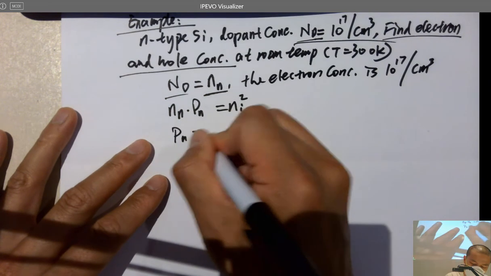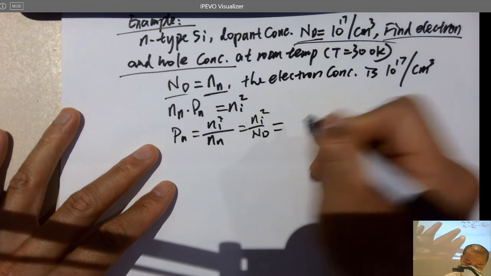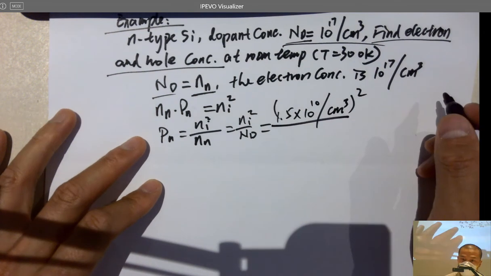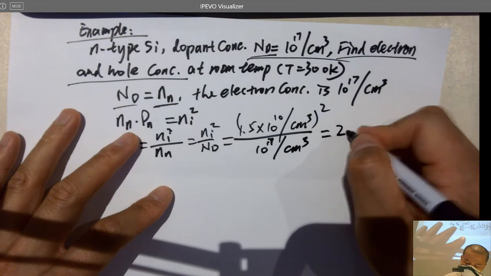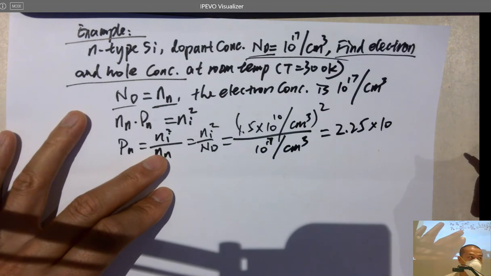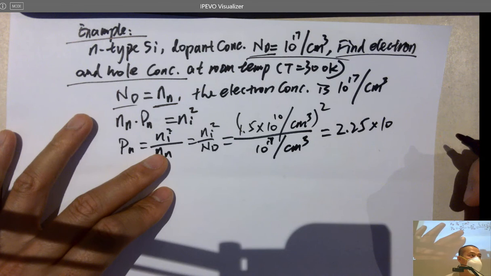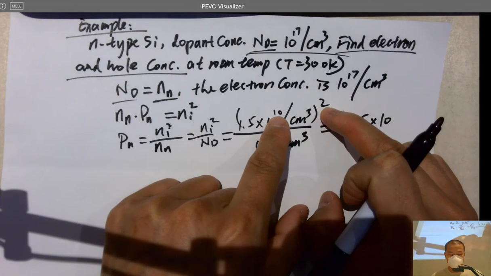And now let's calculate for Pn, which is Ni squared over Nn, which is Ni squared over Nd, which is 1.5 times 10 to the 10th squared, over 10 to the 17th, which is 2.25 times 10 to the 3rd.